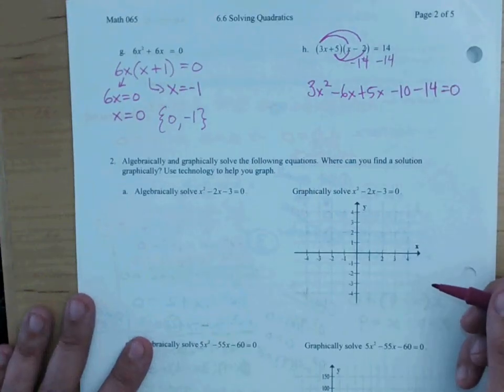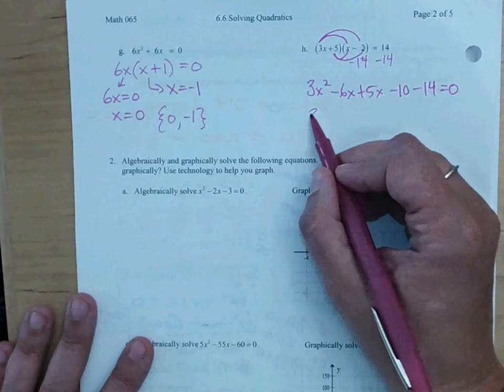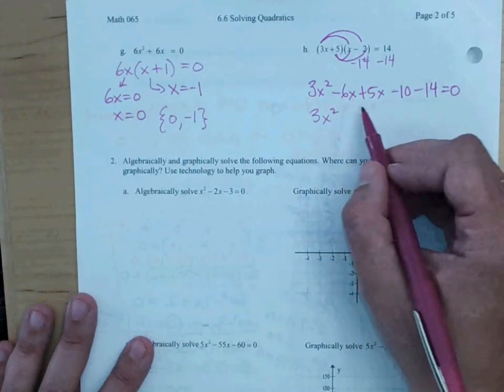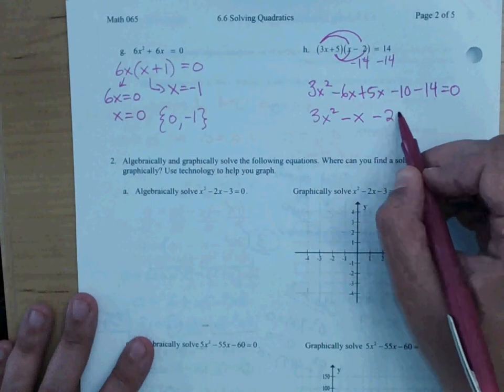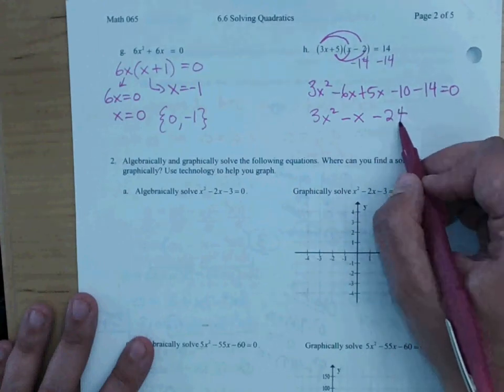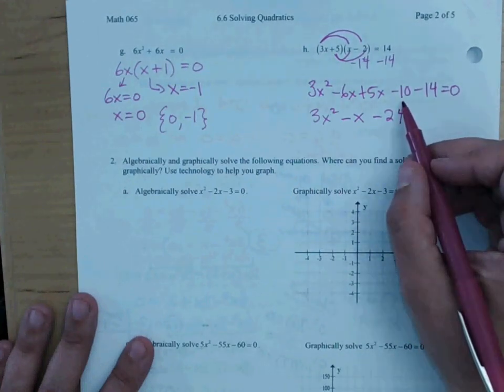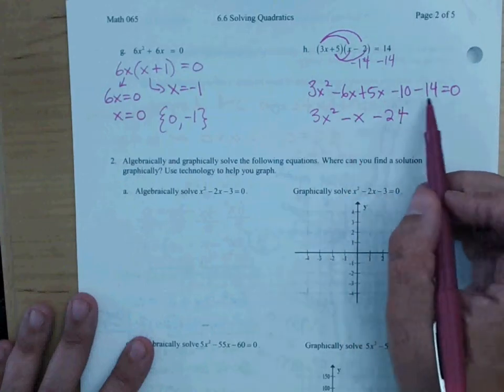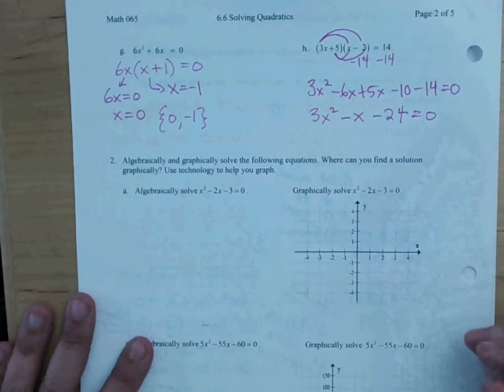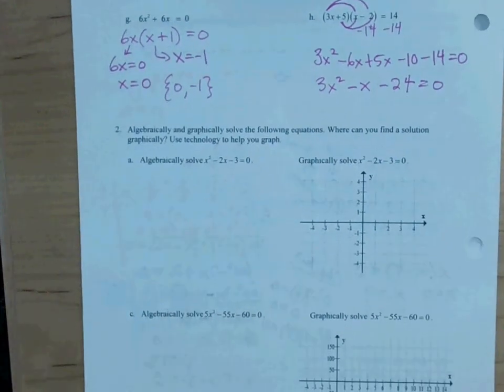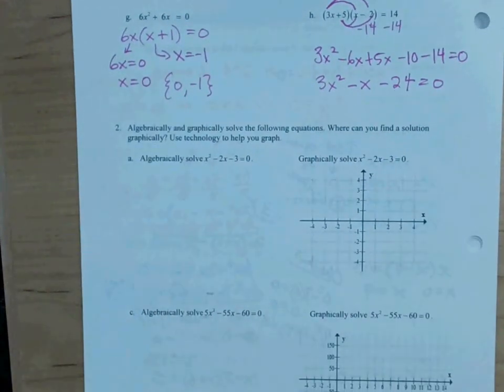Can you handle that? Okay, so we have 3x squared. What's the middle term? Because we had -10 minus 14. I guess I'm not the only one who makes mistakes, right? That's good to know.